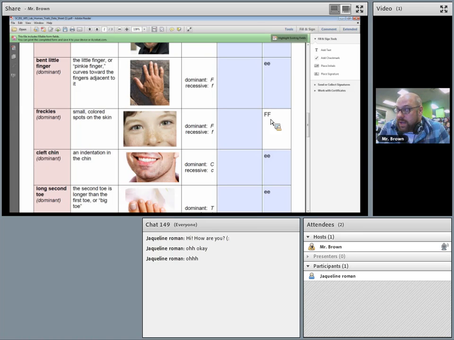They can both be dominant, or you have one dominant, one recessive. Because the dominant, by its very nature, will mask the recessive trait. That's what dominant traits do. They're dominant over the recessive.